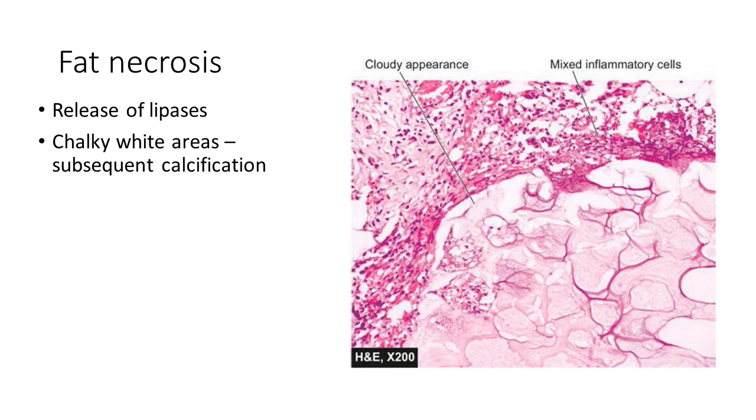There is hydrolysis and a rupture of adipocytes releasing neutral fat, which changes into glycerol and free fatty acid. The leaked out free fatty acid sometimes complexes with calcium to form calcium salts. The necrosed fat cells give a cloudy appearance and are surrounded by inflammatory reaction.